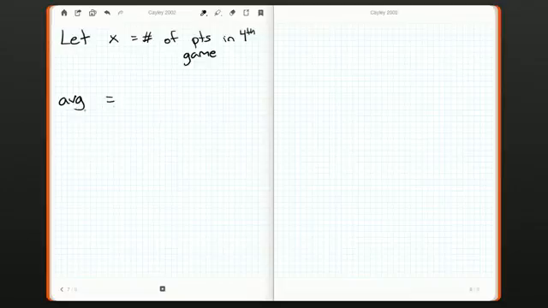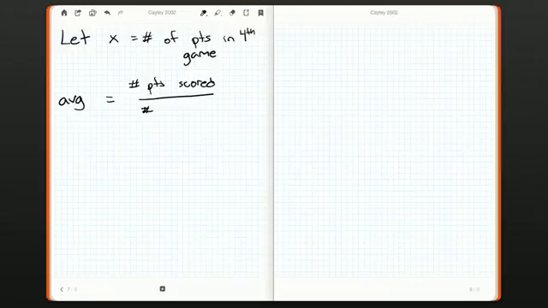So her average is number of points scored, and the first average we were given is 18 points per game. So number of points scored over number of games played. All right.